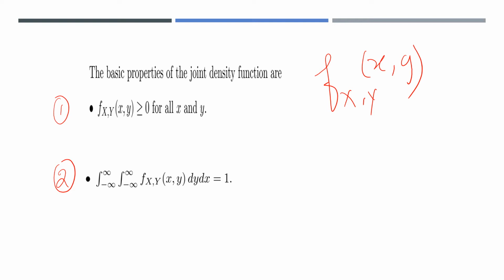The limit of the sum is nothing but the integral. And that's the reason for a continuous distribution, you always have an integral negative infinity to positive infinity, integral negative infinity to positive infinity of whatever density function you have. Integrate that with respect to x and y or y and x, and that total probability must be 1.